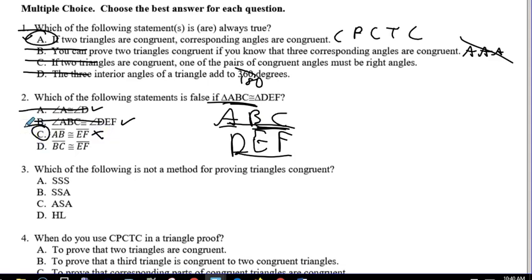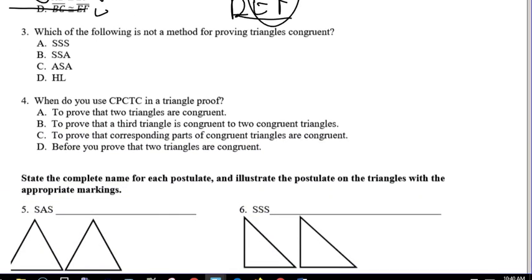And just confirm BC and EF. Sure enough. Boom. So our answer is C. C is false. Remember, read carefully. Don't read this question and go, oh, A is right, boom, move on. It's asking for false.